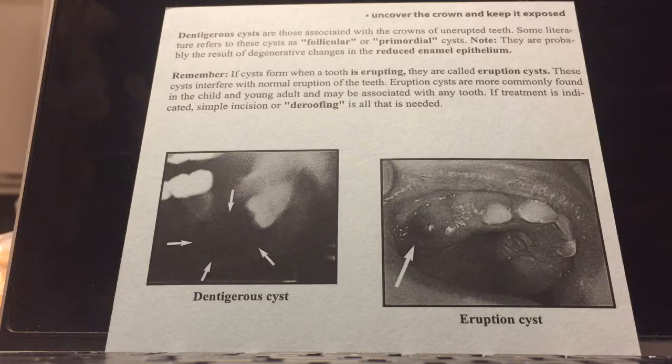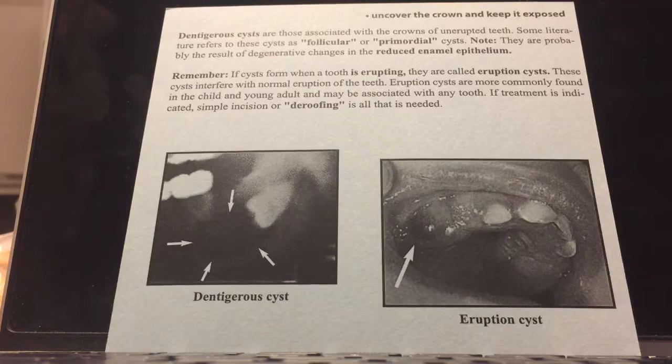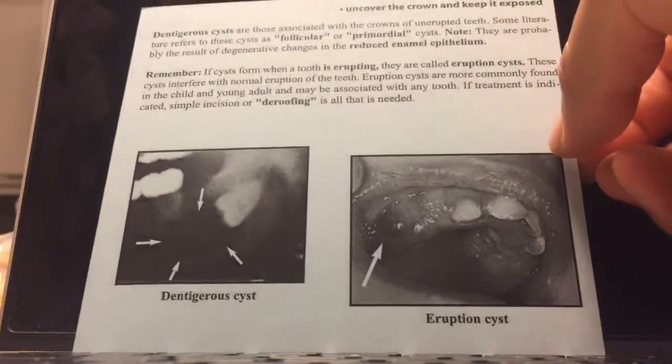Remember, if cysts form when a tooth is erupting, they are called eruption cysts. These cysts interfere with normal eruption of teeth. Eruption cysts are more commonly found in children and young adults, and may be associated with any tooth. If treatment is indicated, simple incision or deroofing is all that is needed.